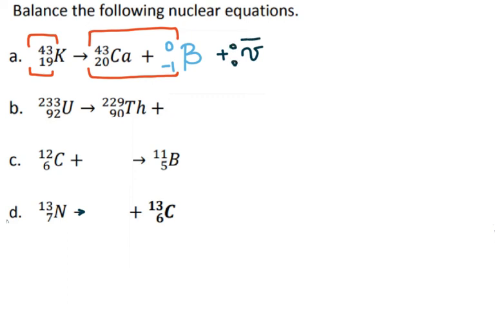The next problem, we see uranium splitting into thorium, and again I have to have the number of the protons on the left side and the right side match. So I'm going to have an element that has 2 protons, and it will also have 4 nucleons, and that is the helium ion or the alpha decay.